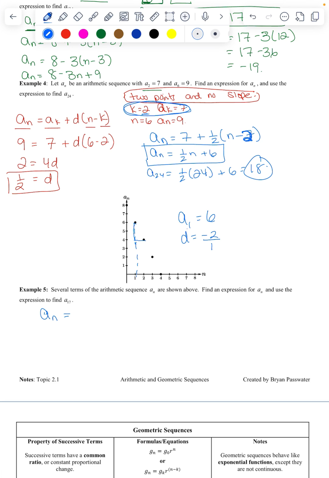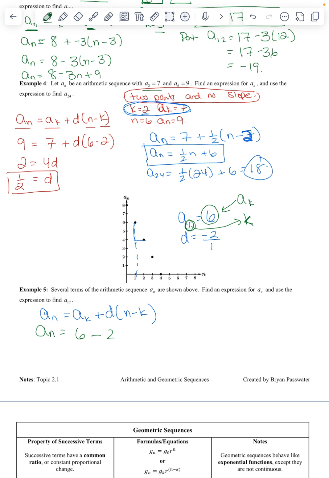So in my formula, they're telling you that this right here is your k value, and this guy is your a of k value. So here we've got a of k, which is 6, plus -2. You guys are juniors, right? You should know that it's -2, and then n minus 1.